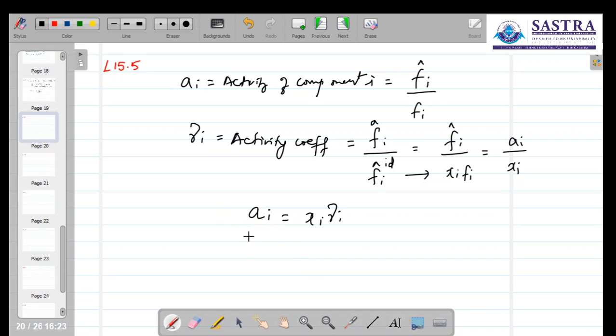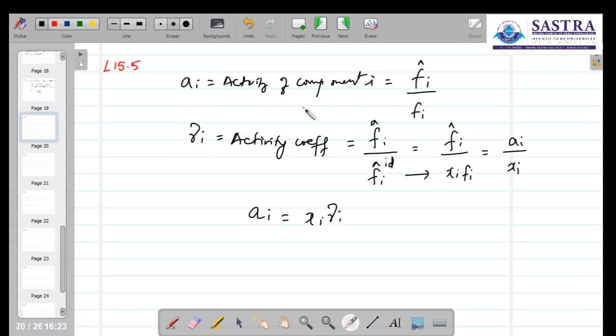So that means we can say that activity of a component is proportional to its composition, and the constant of proportionality is the activity coefficient. So we have two terms, one is the activity and another is the activity coefficient.